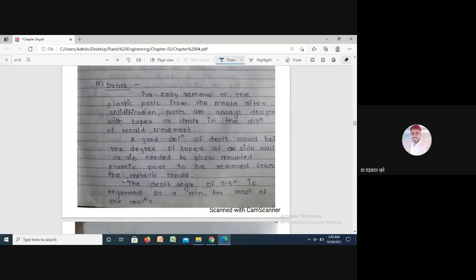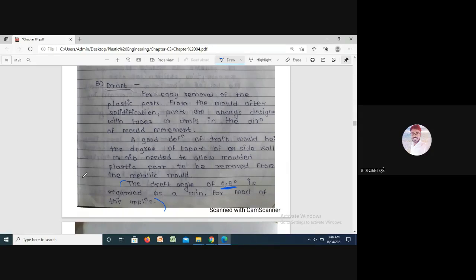This is MCQ type importance here. If you see this sentence here, the draft angle of 0.5 degree is regarded as a minimum for most of the applications. So they will ask the draft angle. They will give the options 0.4, 0.3, 0.5.